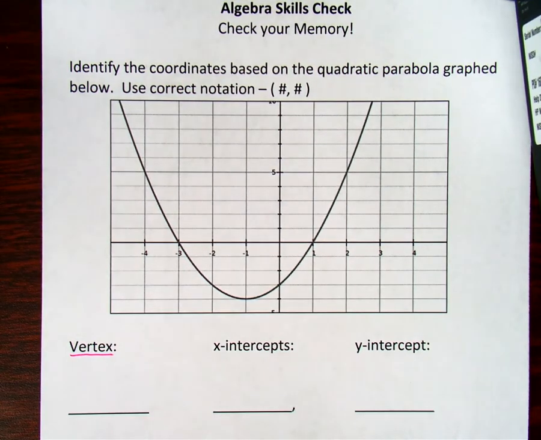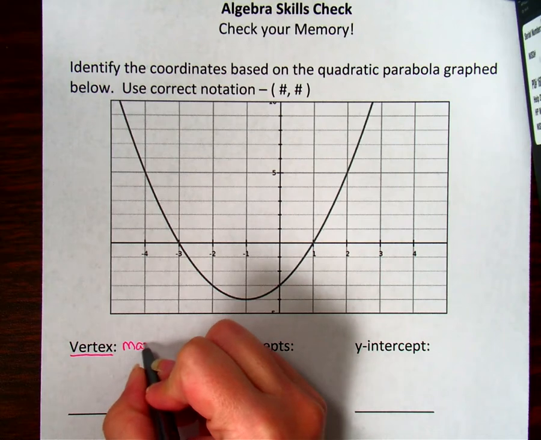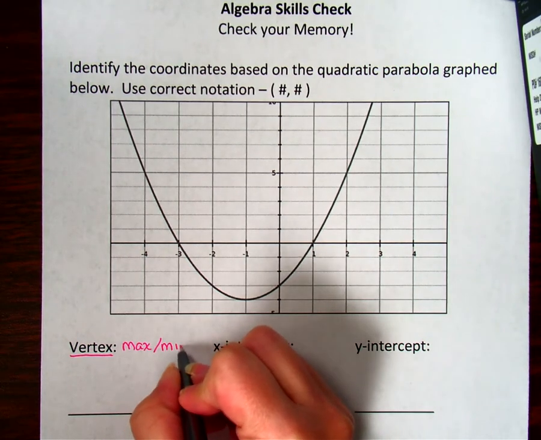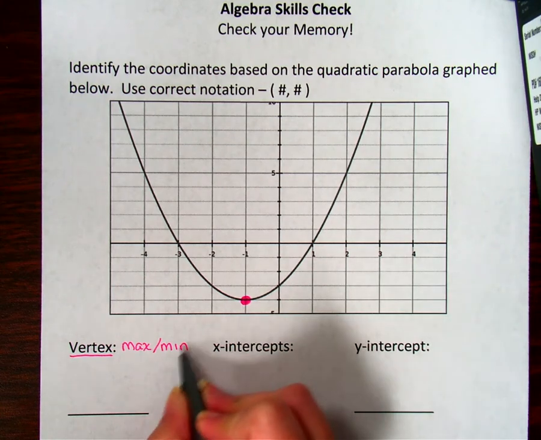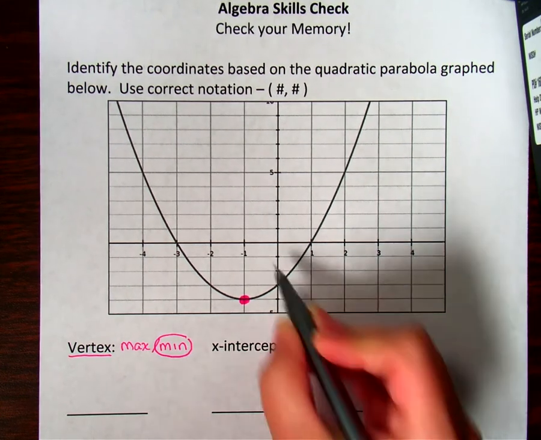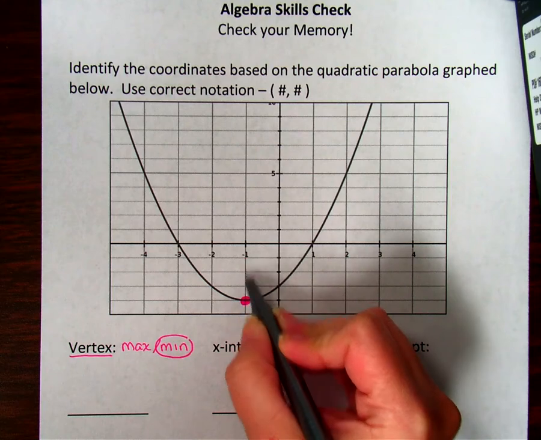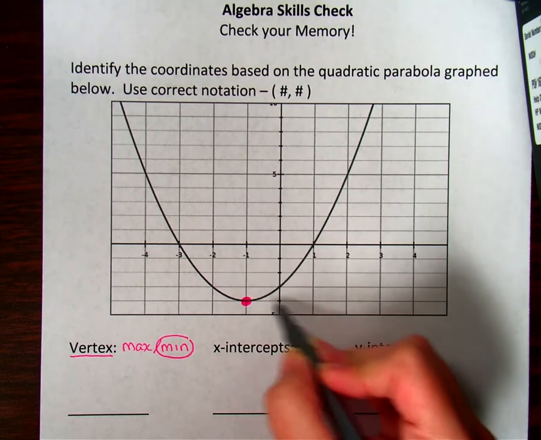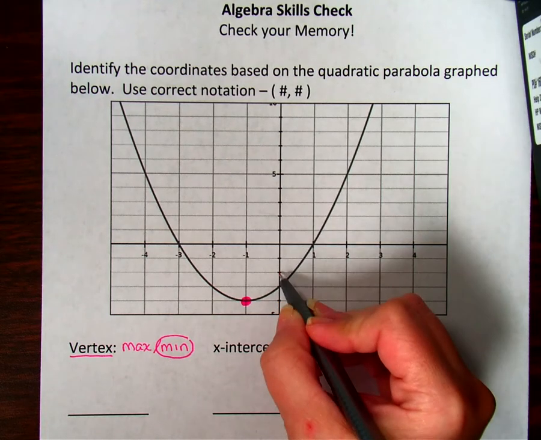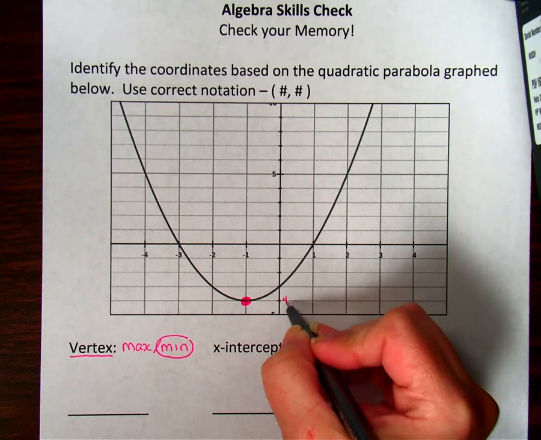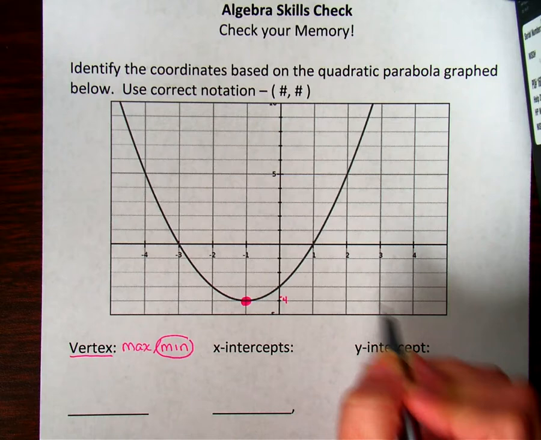It's either your maximum or your minimum. And in this case, it's the very bottom, so it's a minimum. And what is that? It's -1 for the x value, and for my y value, this is going by ones, so 1, 2, 3. This has a y value of -4.